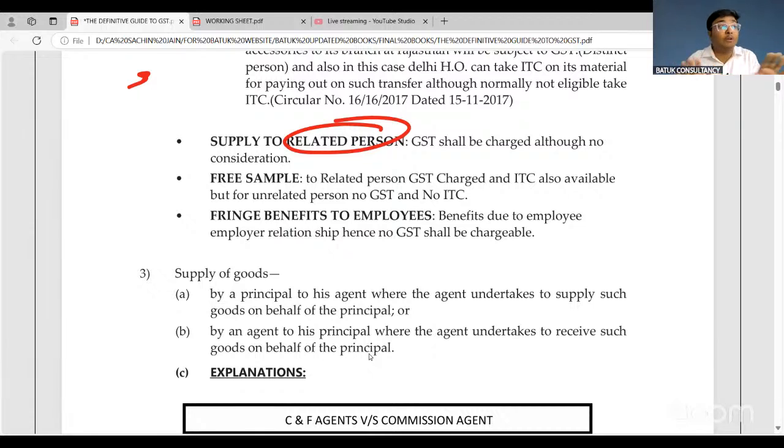Then no need to pay the output. But on a free sample, if you have claimed the input tax credit, then definitely you have to pay the output tax on that free supply.